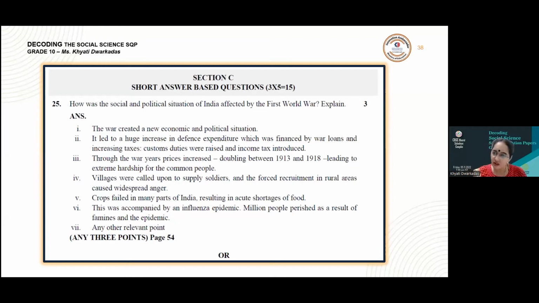Relevant points are generally considered. Normally, the answer scheme of the CBSE, even in the final exams, does talk about accepting relevant points. But that does not mean random relevance. It means really relevant to the topic.